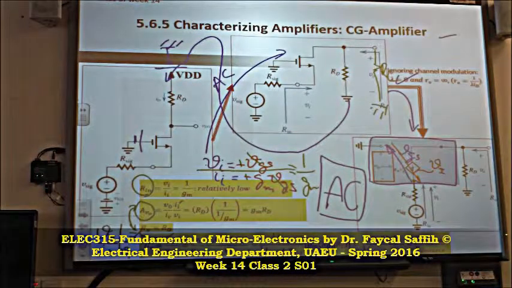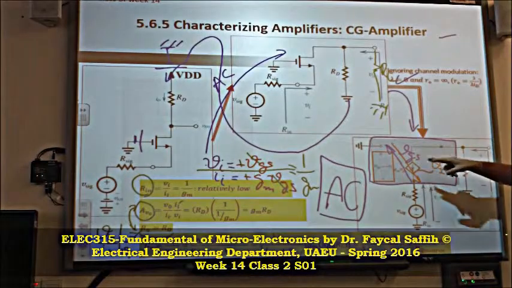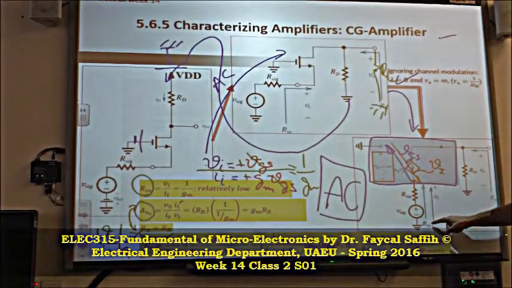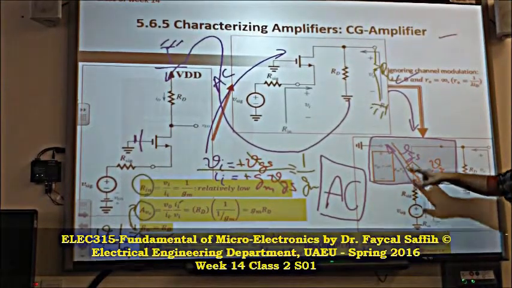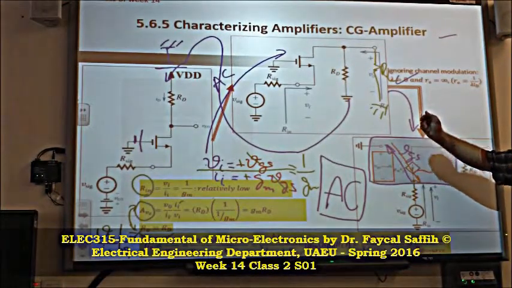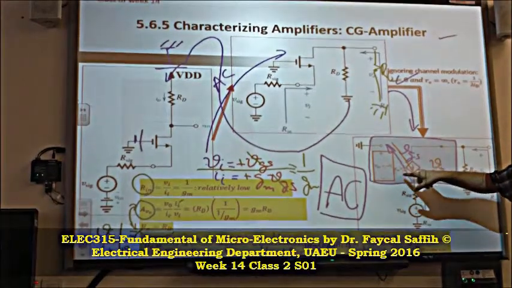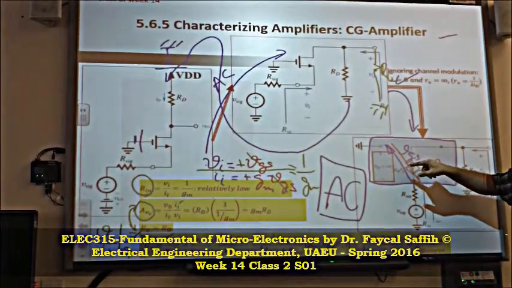I repeat. Last time, we didn't have much time. To calculate the output resistance, we have to ground the input voltage, which is this one. If I ground this one, that means this voltage is going to be 0, VGS is going to be equal to 0. If VGS is equal to 0, the current here, GM VGS, is going to be also 0.